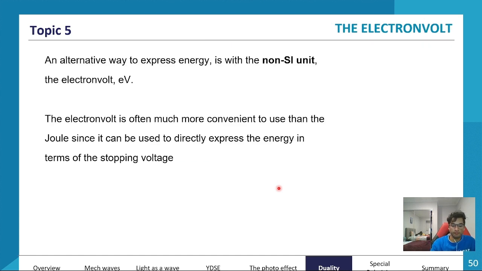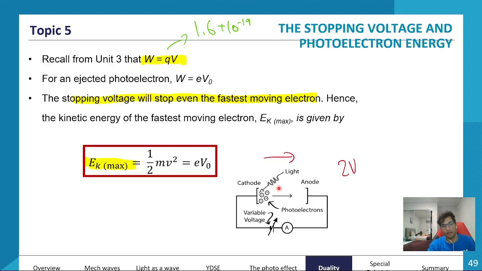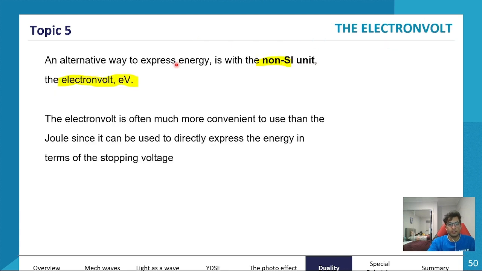There's another unit to calculate energy, a non-SI unit called the electron volt. Since we're multiplying everything by 1.6 times 10 to the negative 19 a lot, just to help out, we use a different unit called the electron volt.